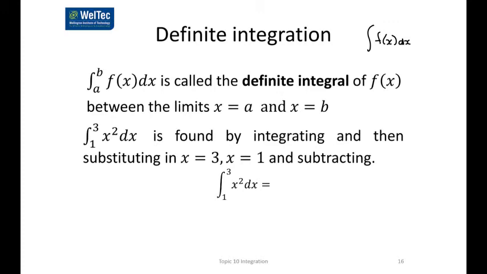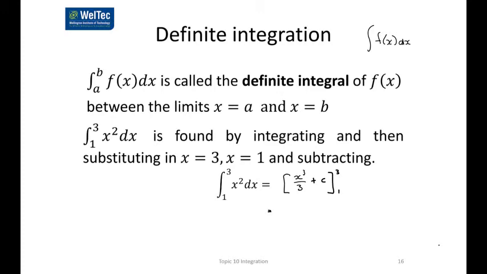So the integral of x squared would be x cubed over 3, and we need to do that between 3 and 1. Now, I could, let's just go back and undo that. I could, if I was being really particular, put plus c in there and then find my limits.